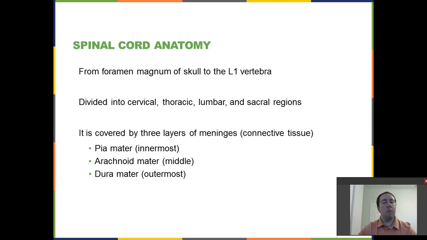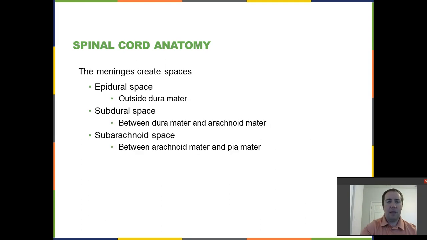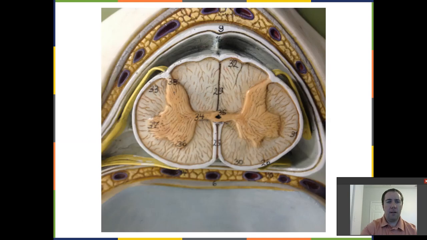And you need to remember what order they go in. The pia mater is the innermost layer. It is going to be like shrink wrap wrapped around the spinal cord. And then outside of that is the arachnoid mater, and then outside of that is the dura mater.